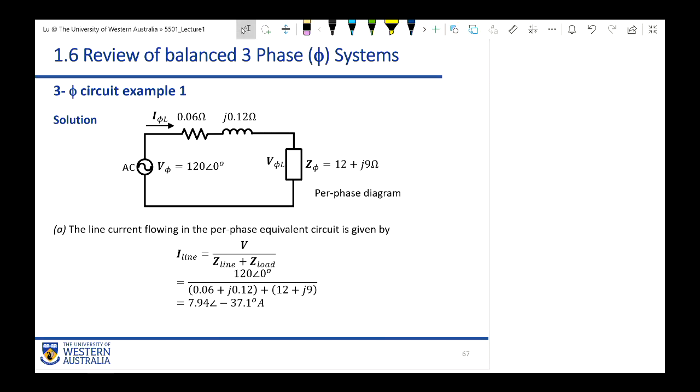The other is the impedance of the load. So you can see we are using Ohm's law here. The current is equal to the voltage supplied by a single phase of the generator, and at the bottom, we are adding up the total impedance of the cable and the load together. The ratio of them gives us the phase current, which is equal to the line current for this Y pattern.